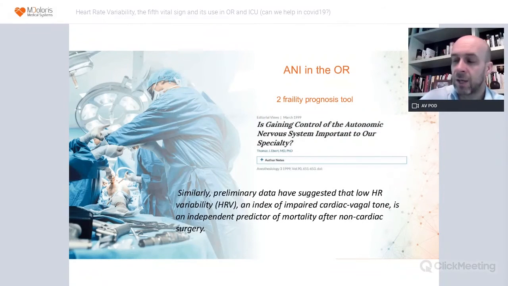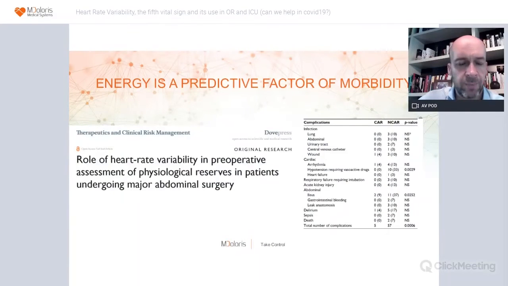And if the energy is very low, compare it maybe with SOFA or other frailty scores, and see the outcomes later on, because there are a lot of publications relating total power, so energy, and HF-nu to mortality in patients.